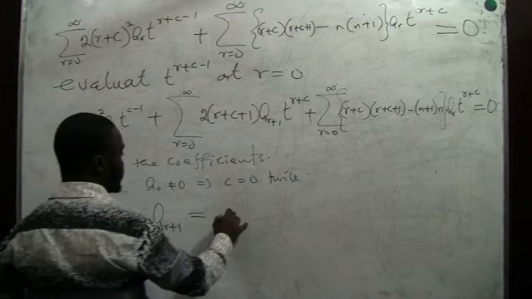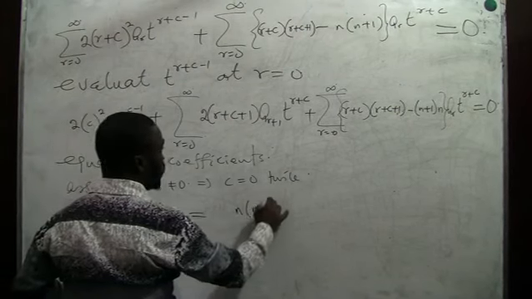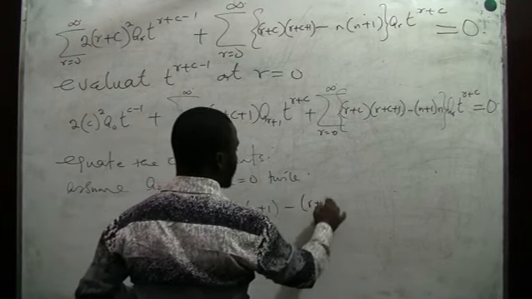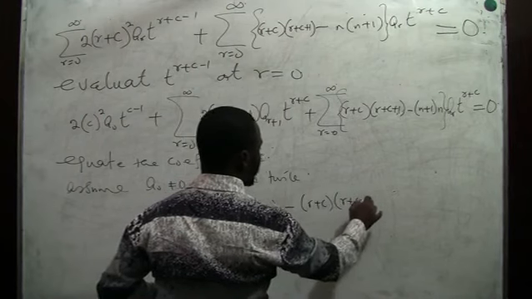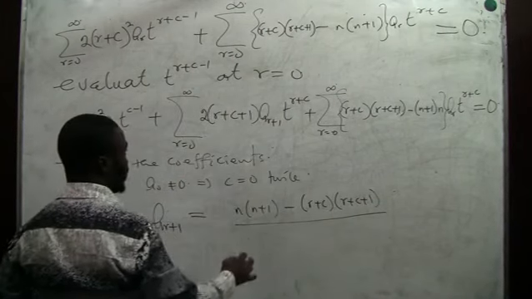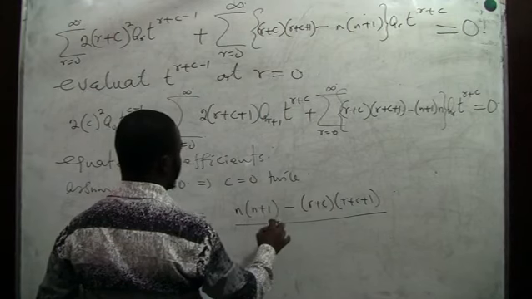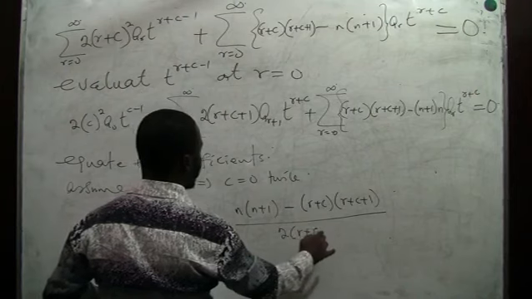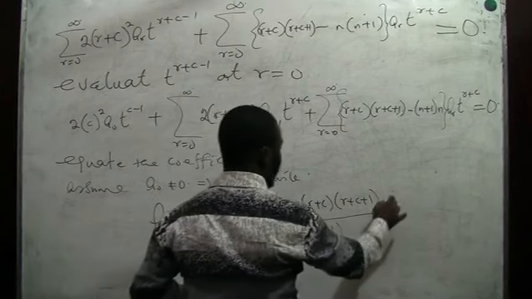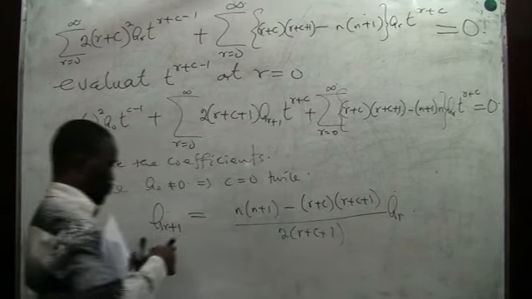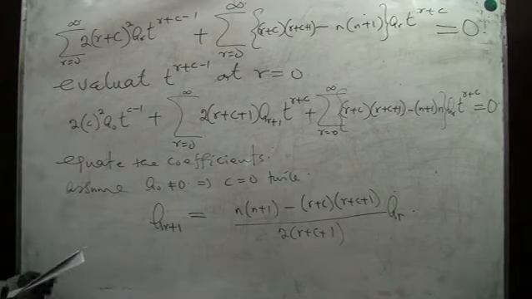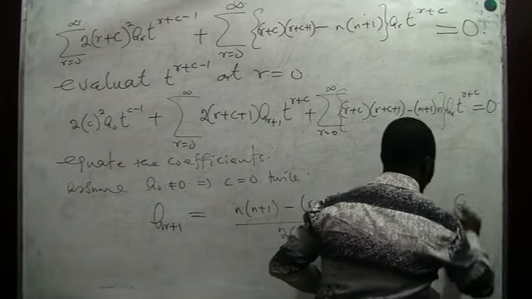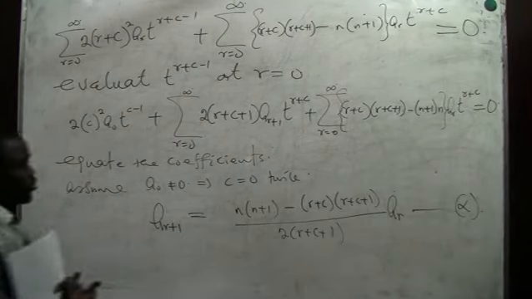We are going to have n into n plus 1 minus r plus c into r plus c plus 1, all divided by twice r plus c plus 1 a r. So what we have now is what we refer to as our recursion formula, recurrence formula. Let's call it equation alpha.